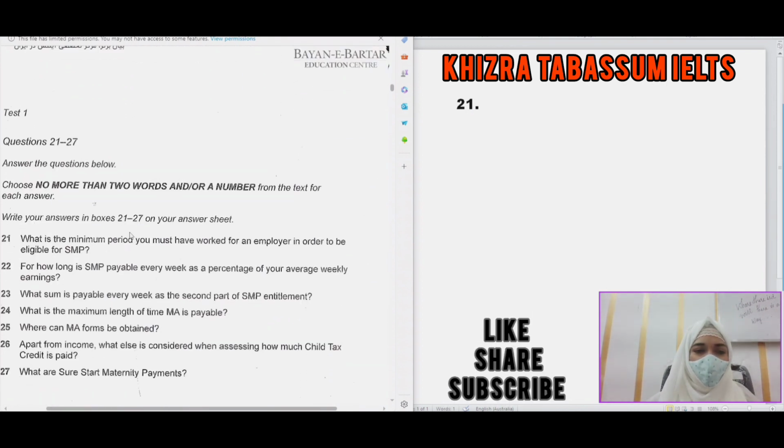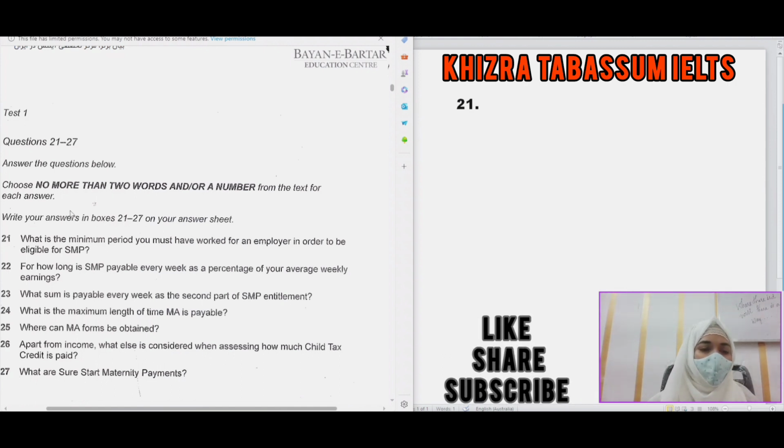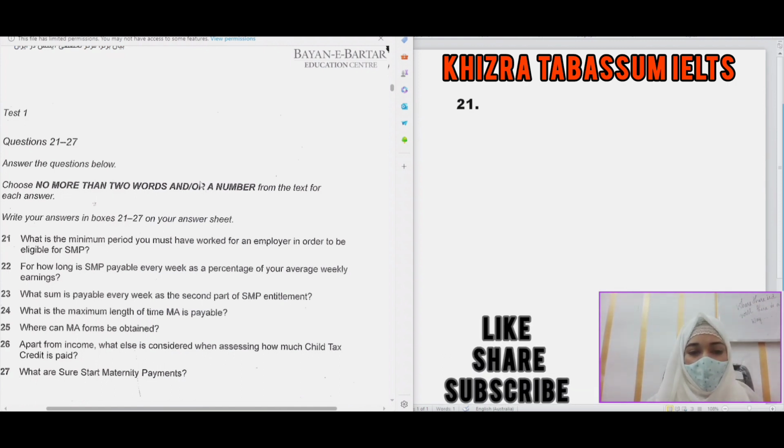Let's check the questions. Title: answer the questions following. Given here 21 to 27. If you are writing a CBT test, write on the computer, or if you are doing a PBT, paper based test, then write on the answer sheet. Choose no more than 2 words or a number.